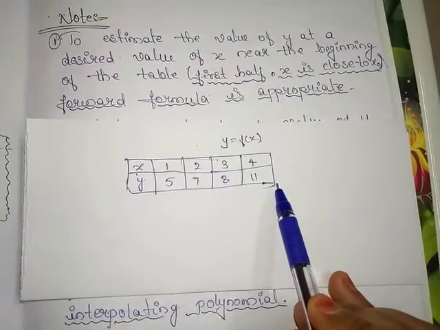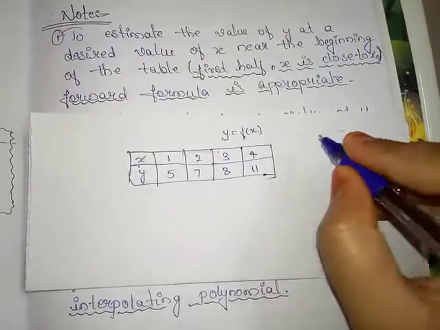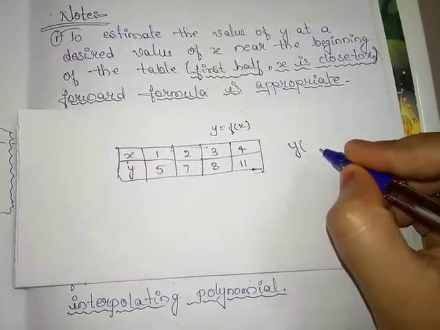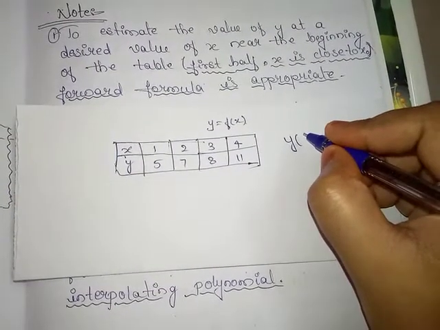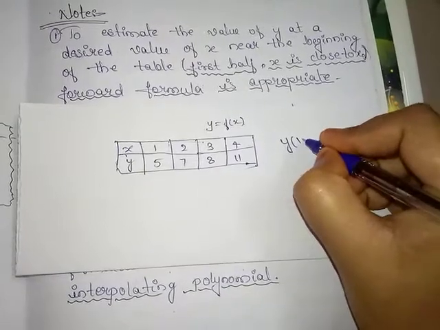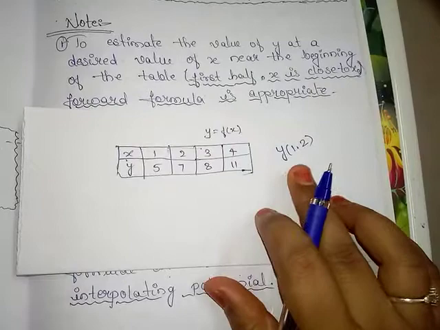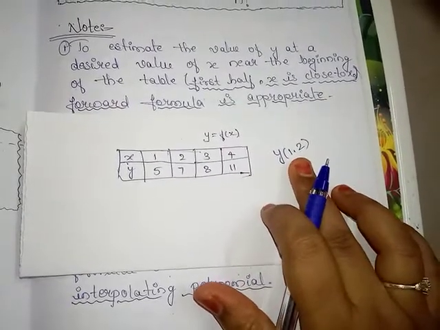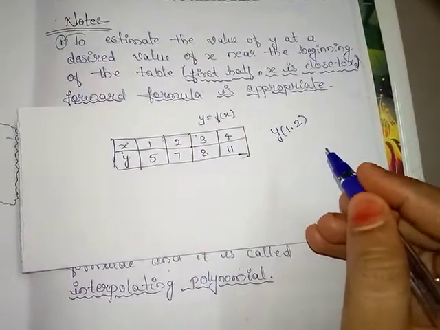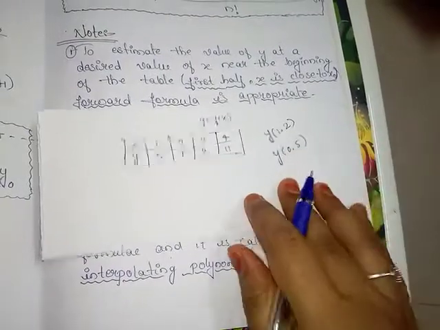They are given like this table, okay, and they are asked to find the value of y at x is equal to 1.2, or y of 0.5.